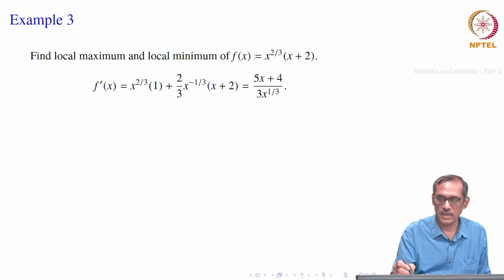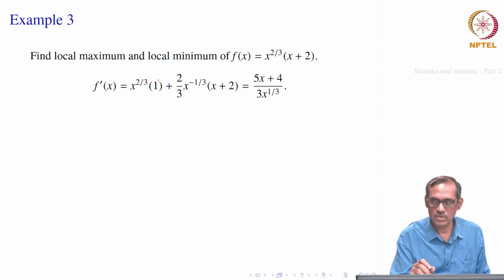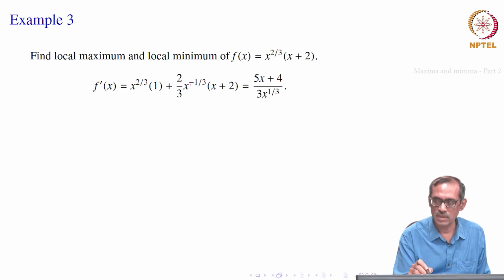Now, we find the derivative. The function x to the power 2 by 3 into x plus 2 is f into g, a product of two functions. So, first we take f times derivative of g, f g prime. So, f is x to the power 2 by 3, g prime is 1.